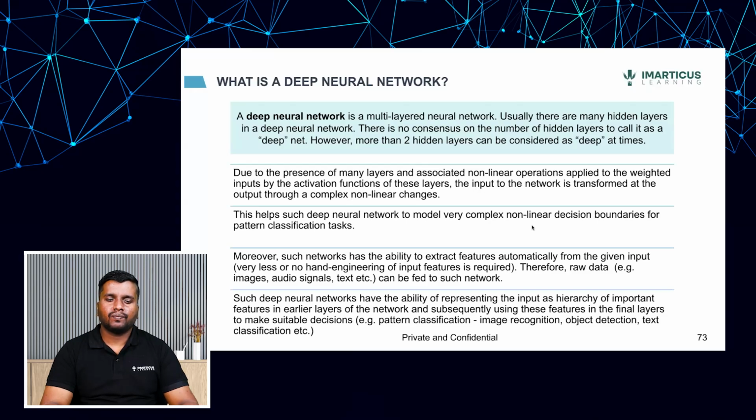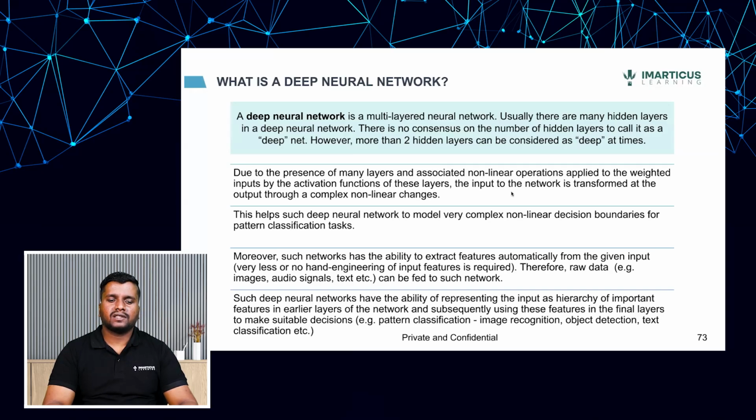Due to the presence of many layers and associated non-linear operations applied to the weighted input through the activation functions, the inputs to the network are transformed at the output through complex non-linear changes. As it has multiple layers of evaluation, it has to go through multiple activation functions at multiple instances.